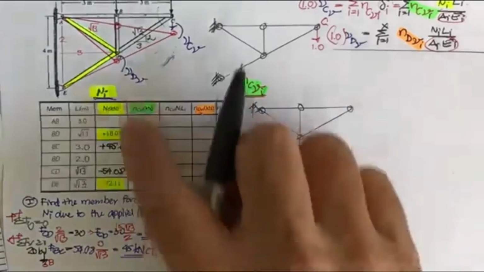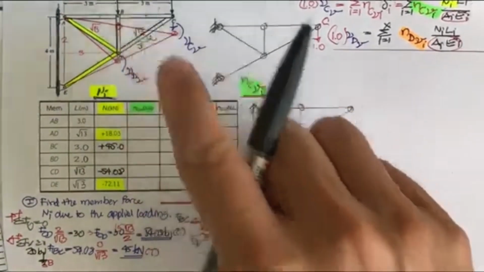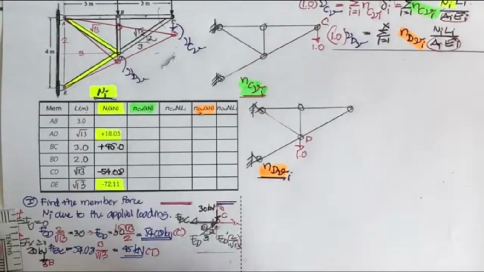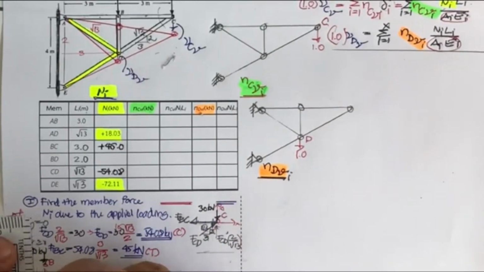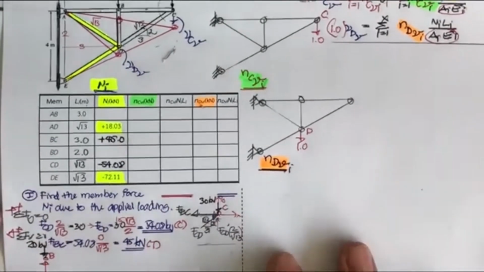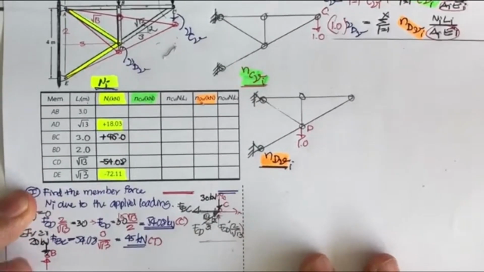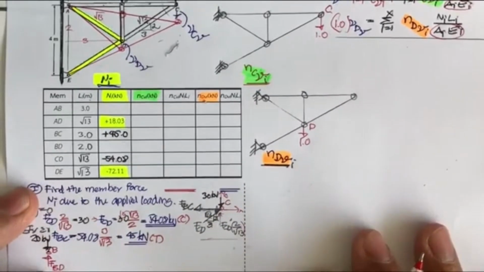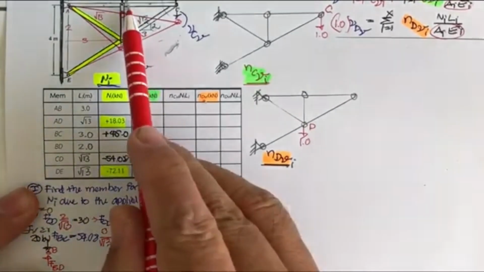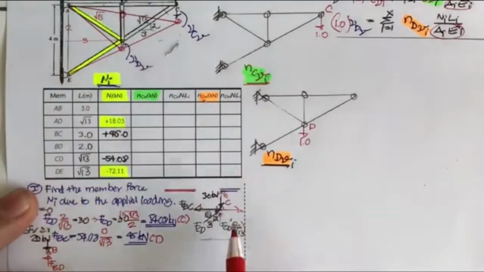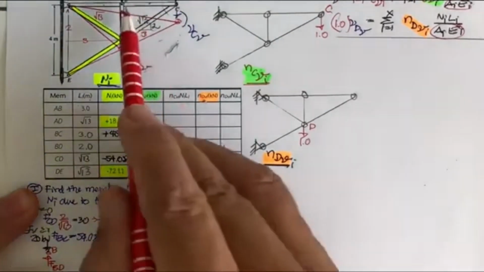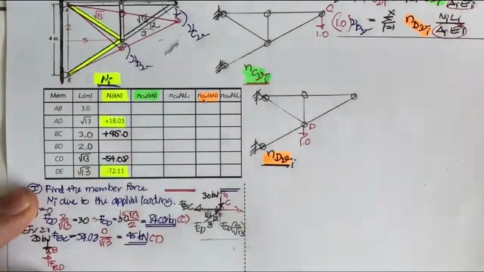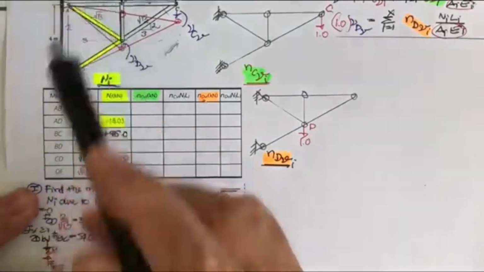Then it's going to have the member BD. Member BD is going to resist this. I think member BD is supposed to push up, and it's going to produce the force F sub BD. You can see the BC also has this one, so BC is in tension. If you put BC in tension, then you will get AB also in tension.